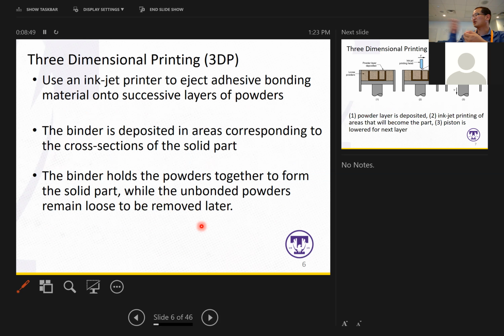That is, you have to clean up your part when you take the part out of the powder bed. Right? So you have all that unbonded powder on the printed part. That's an extra step you have to do, and that really brings some difficulty to maintain the machine, and that's some extra cost.